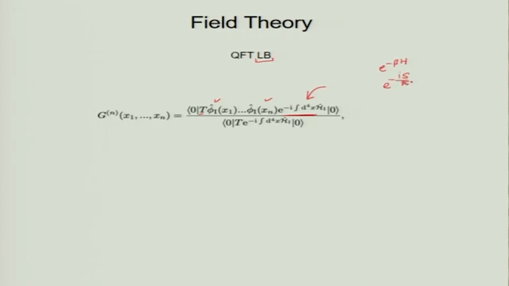This is what you have studied in quantum mechanics for particles. A particle goes from here to there, then what is the probability for choosing this path? The probability for choosing this path is e to the power iS by h bar, where S is the action computed for this path, correct. Similarly, we can compute for fields.